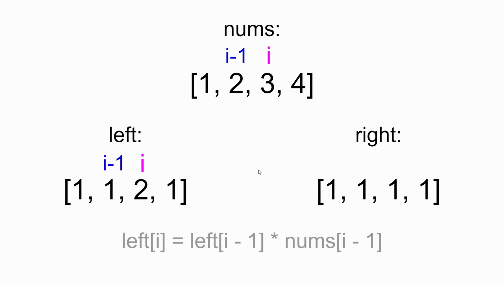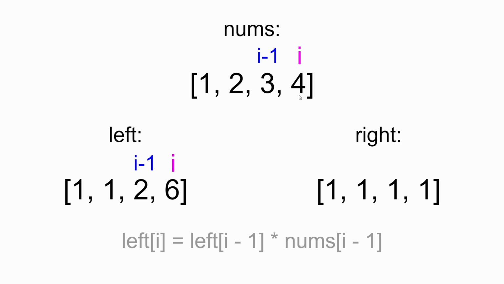So we're going to move on now and increment I. I is going to be equal to 3, and we're going to take left at I equals left at I minus 1, which is 2, times nums at I minus 1, which is 3. Well, 2 times 3 is 6, so we can update this final value of left at I to 6. And now you have the product of all the numbers to the left of that index.